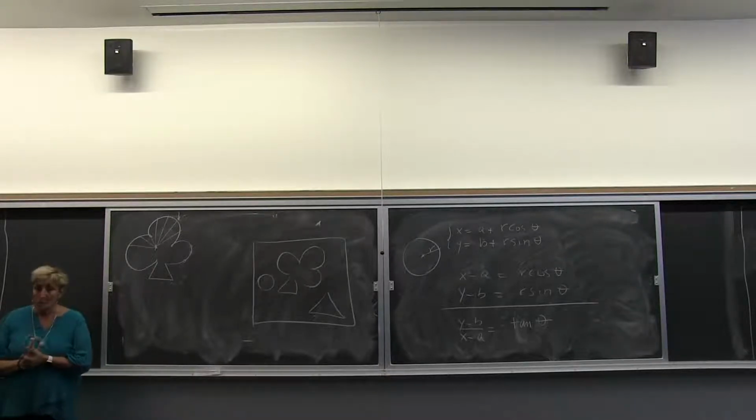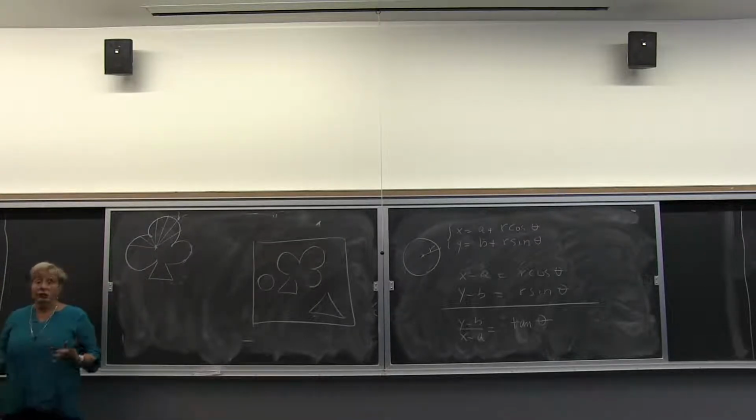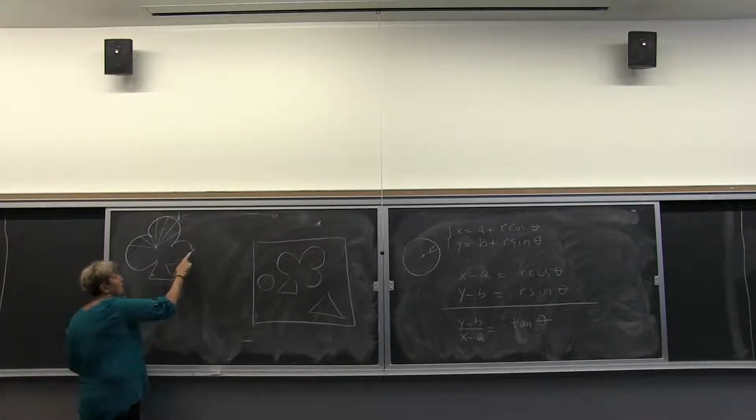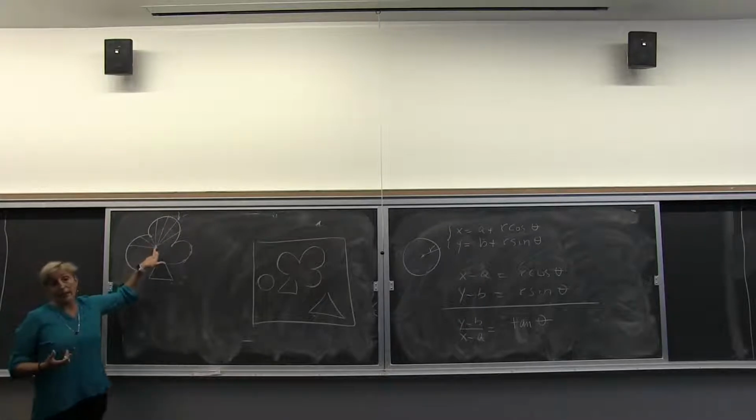How am I going to learn the shape? Well, you give me this example, so I have an image of this first, right? So I do edge detection on it. All right? And so now for every point that my edge detector found, I'm going to record the radius for that. Okay?